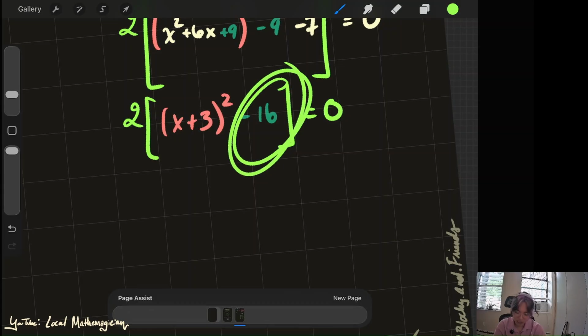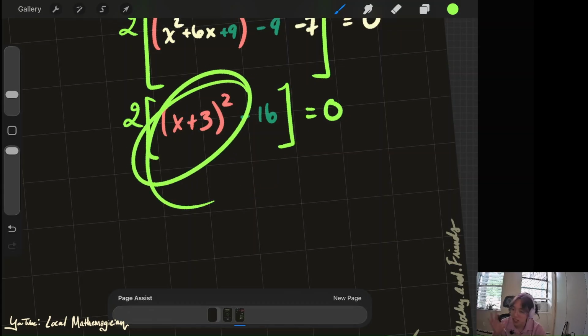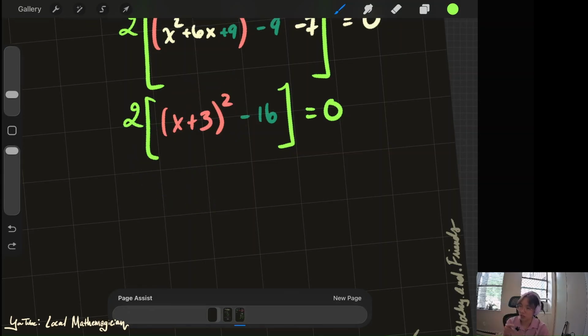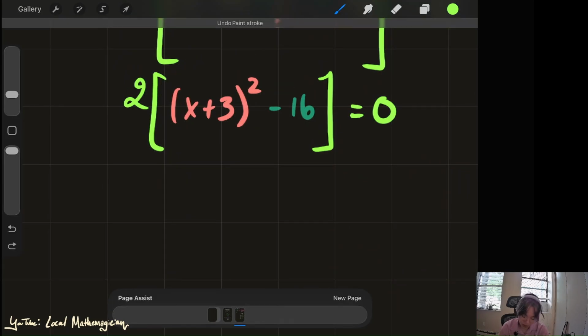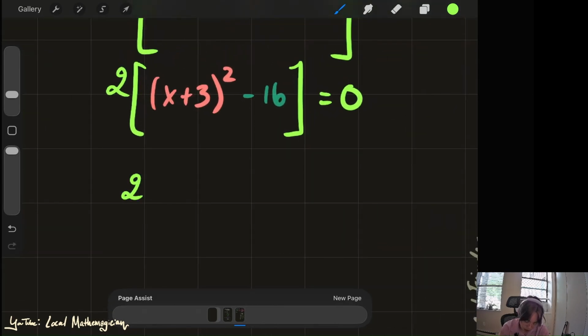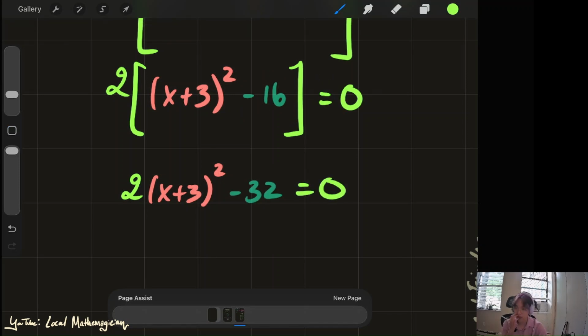We have a constant inside of parentheses, and that parentheses is not being squared. So we have to do a bit of magic. We can distribute this 2 too, and that leaves you with 2 times x plus 3 squared minus 32 is equal to 0.